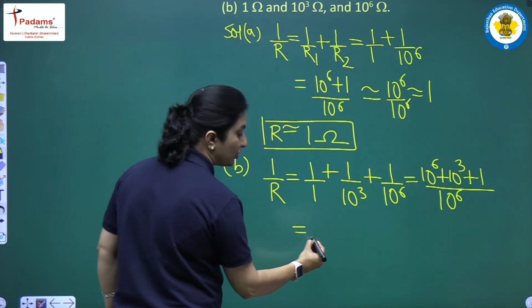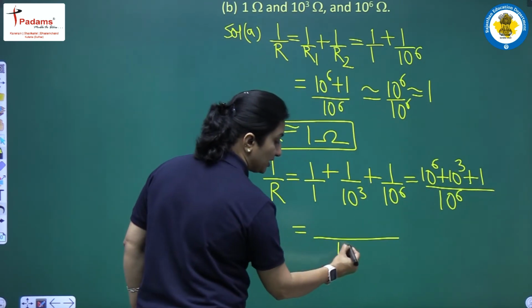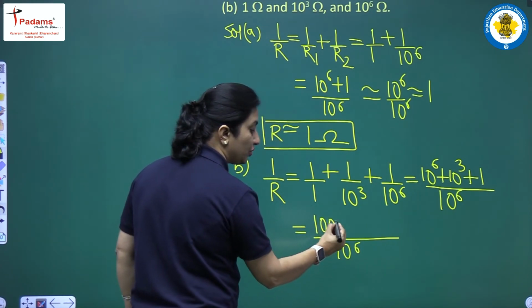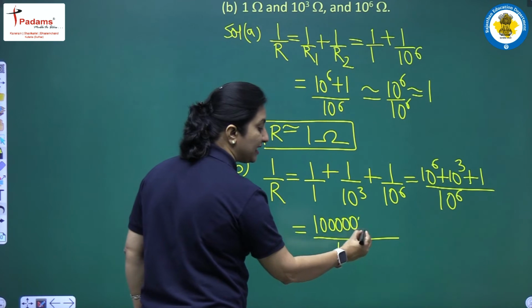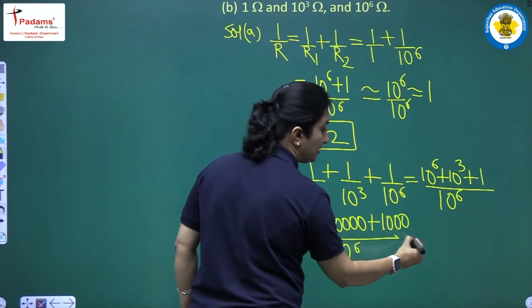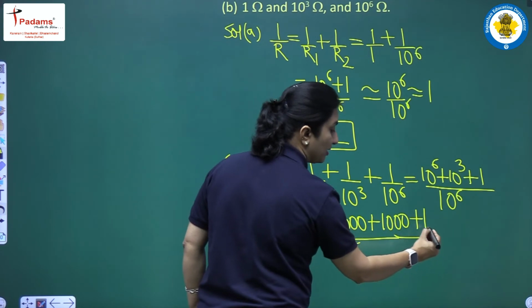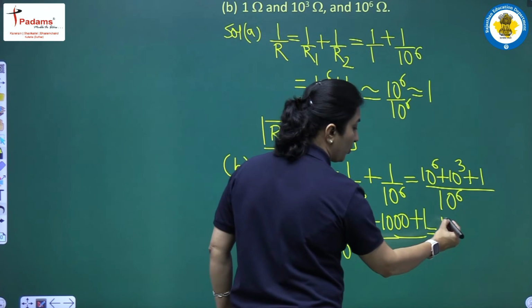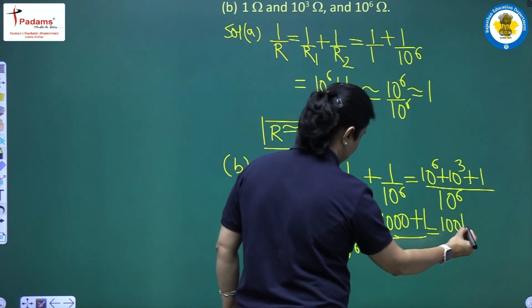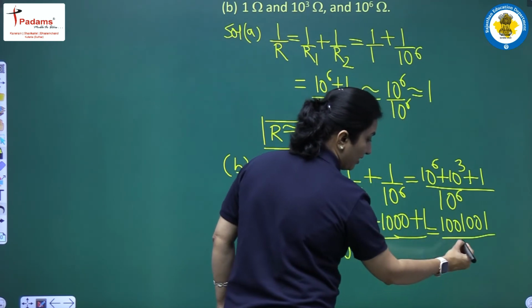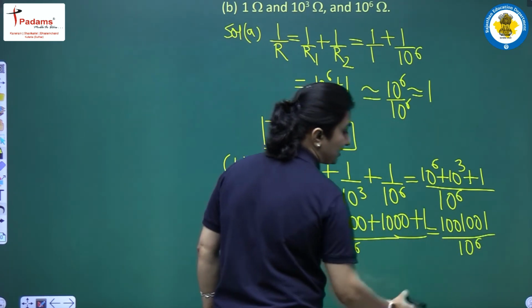So I get 10 to the power 6, which is 6 zeros, plus 3 zeros, 1000, plus 1. If I add this, I will get 1001001 upon 10 to the power 6.